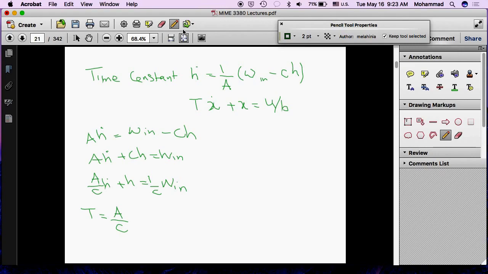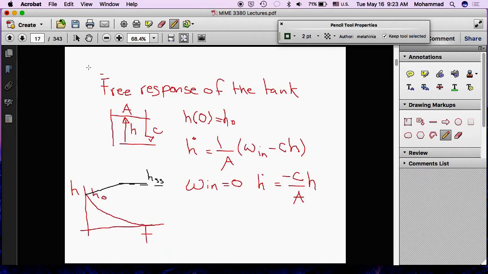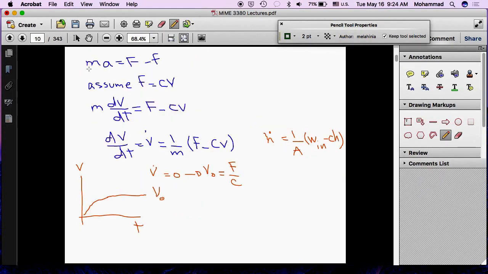So we are going to do the same thing for our car. So what was the equation for the car? Let's go back and remind ourselves of that equation. It was this.